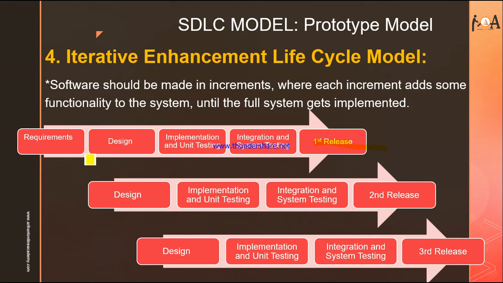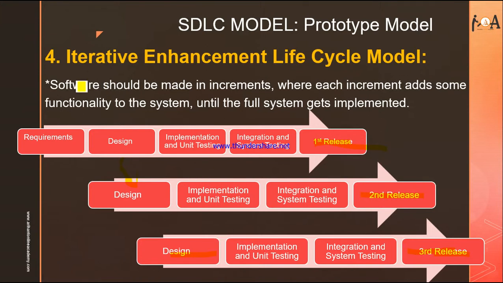You are not gathering requirements again, but if some modification or enhancement is required, then you start again from the design phase, implementation, unit testing, and you release the second release. You repeat this until your full software product is completed or implemented, releasing several such releases, right? So this is the example of the iterative enhancement lifecycle model.